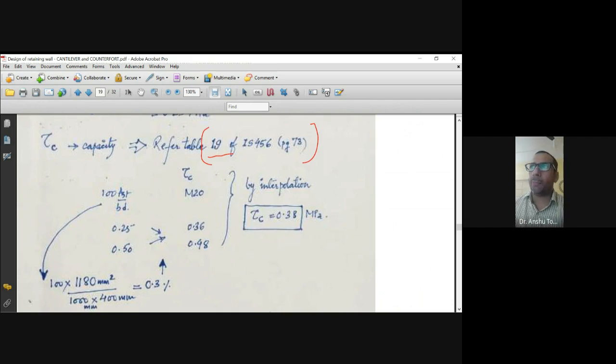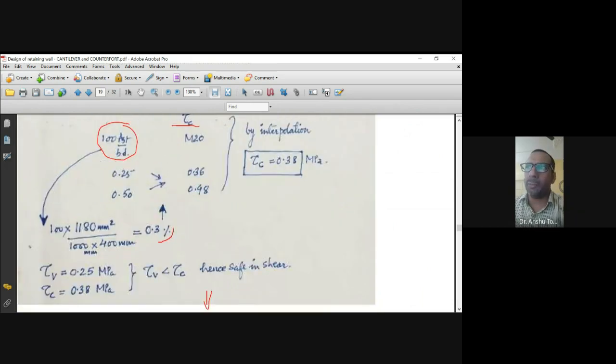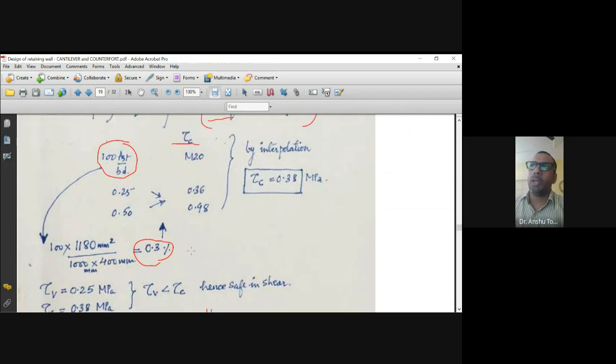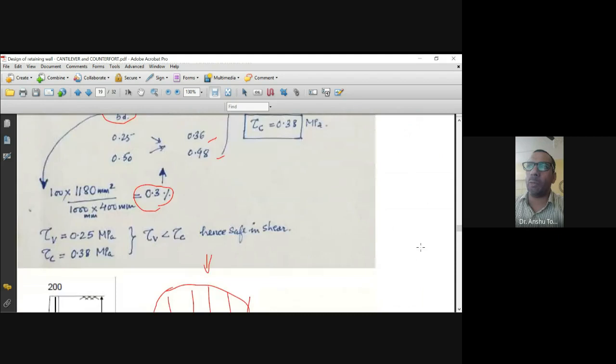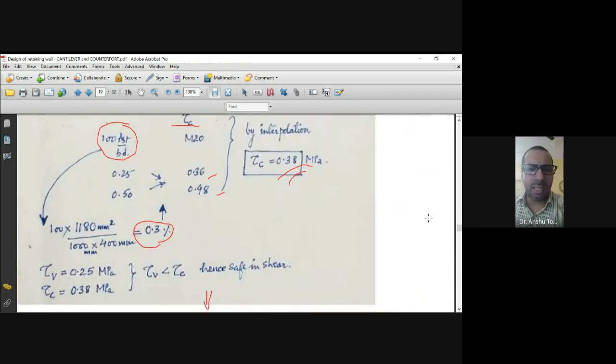In the code you will find the table of tau c, in it the values corresponding to M20 I have written here, and 100 Ast upon bd we have to calculate, which we found above, which was 0.3%. The main reinforcement came as 0.3%. So 0.25 and 0.50 values we have got. If we interpolate, tau c we will get 0.38. This is tau c is 0.38.